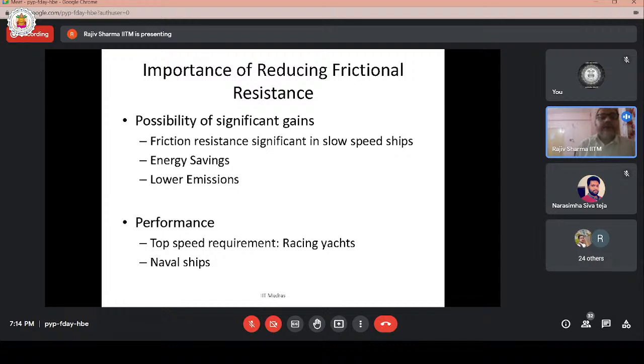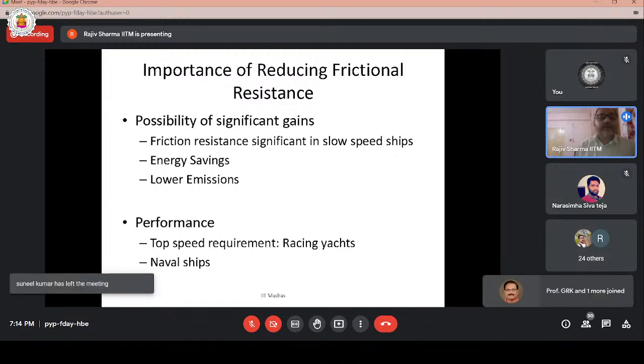Once you gain something on friction resistance, the same will be reflected in energy savings. And when you have energy savings, you will have lower emissions also because you need less power to run your ship at a particular speed.